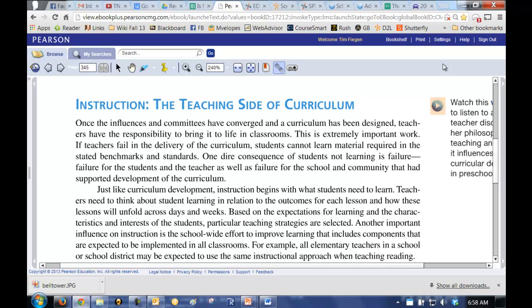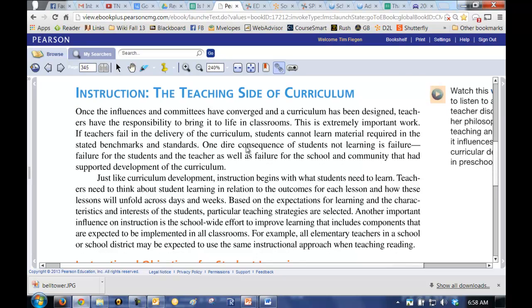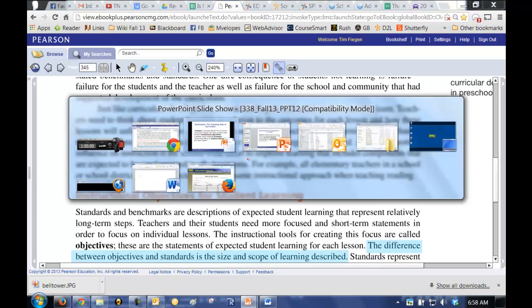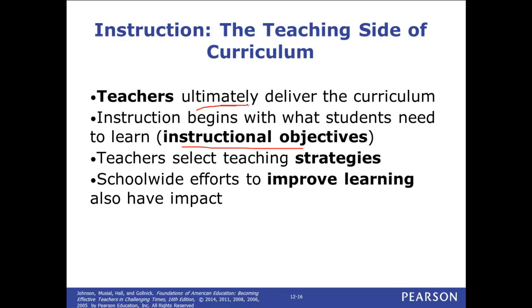Don't get me wrong, you're going to be involved, you're going to know, you're going to understand, and they'll come to you to look at the effectiveness of the curriculum. But ultimately this is where you are 100% in charge, and that is delivering, to teach this curriculum. Ultimately this is you.